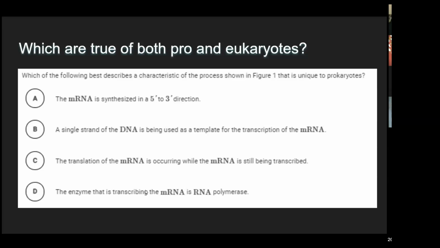Do I build 5' to 3'? Yes, so that's true of both. So I'm down to C and D. Translation of the mRNA is occurring while the mRNA is being transcribed, or the enzyme that is transcribing the mRNA is RNA polymerase. Well, that's true in eukaryotes as well. So that means C has to be my answer.